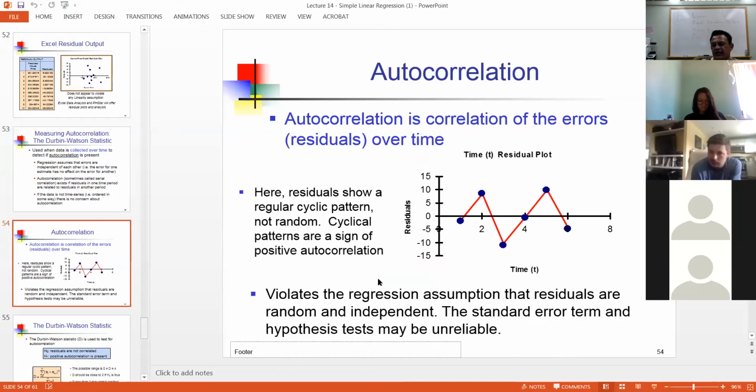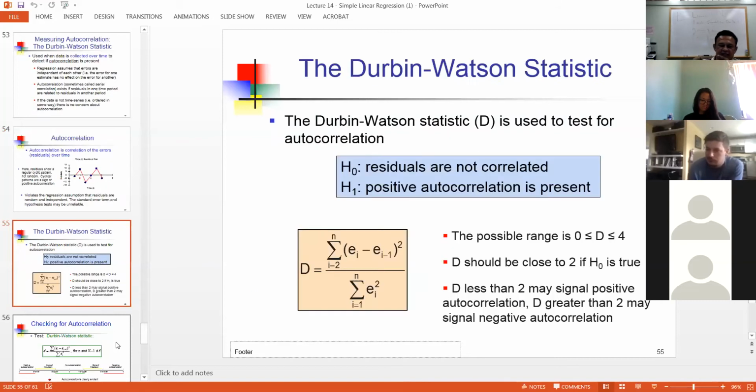What we're trying to find out is whether there are patterns of things that are going together over time. And if there are some type of patterns, then perhaps we have some type of dependency there, right? And so we want to see if there's some type of dependency in our data.